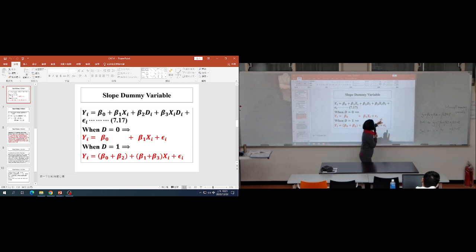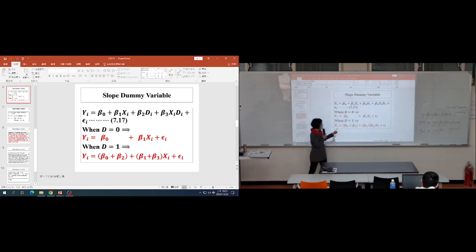Then when D equals 0, what happens is Y, since this is 0 and this is 0, then the equation is beta 0 plus beta 1 x only. You see this one? But if D is equal to 1, then this is 1, this is 1.